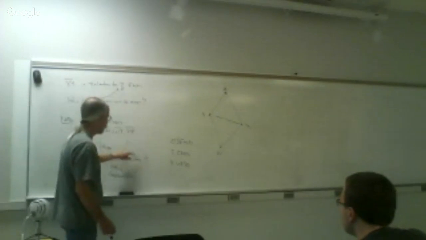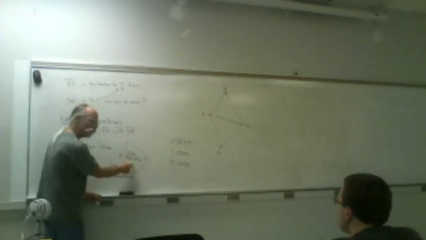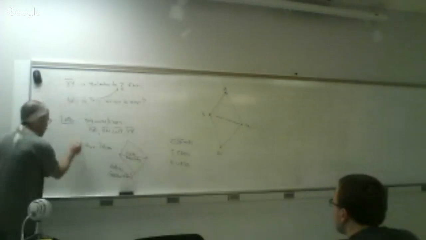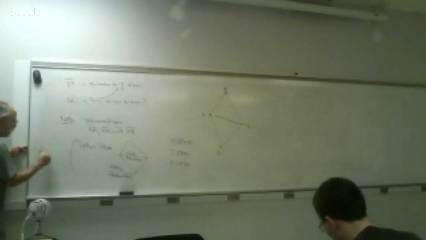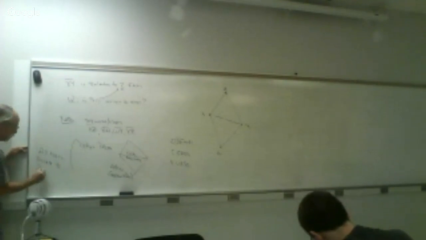It's related to this face and this face, but also this edge is related to the face that's inside and the outside face. So in fact, with this view of things, all of the edges are related to two faces.